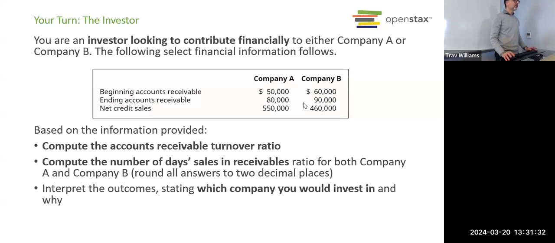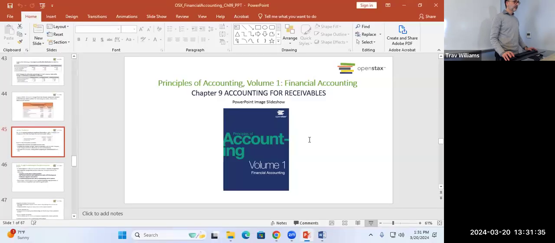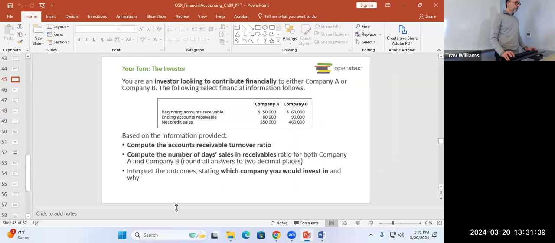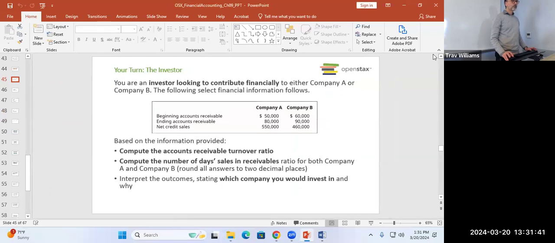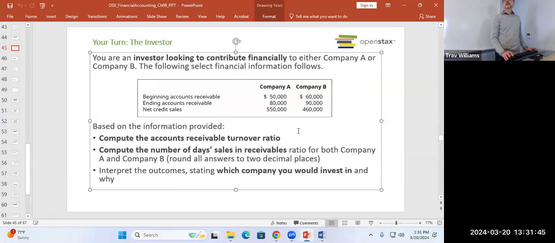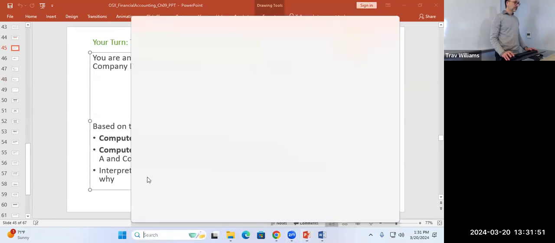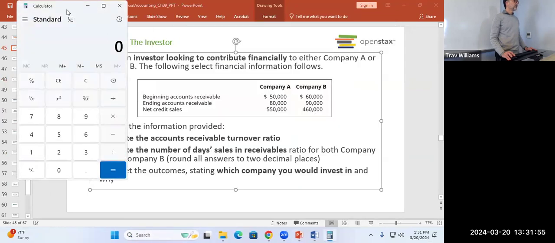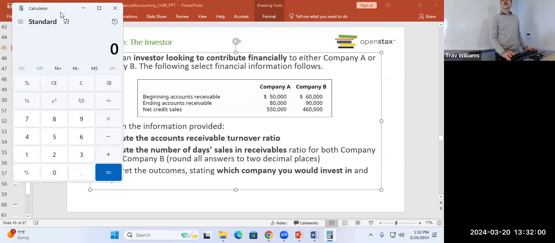Who has an answer for company A? Well, let's do it together. So what do we do? How do we calculate company A's AR turnover ratio?